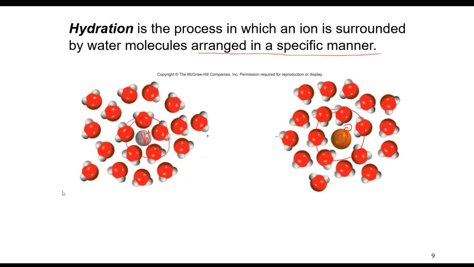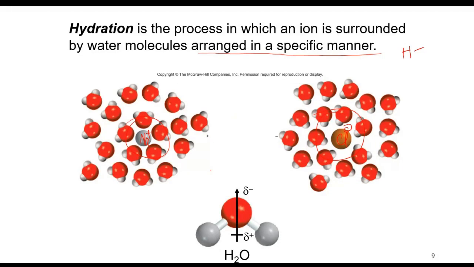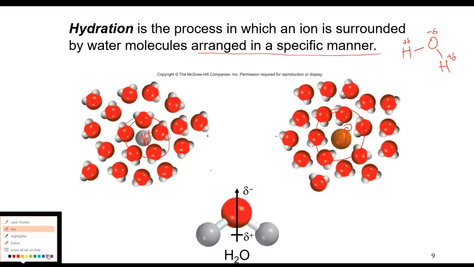What is the meaning of manner, doctor? In a specific manner means, look at this: what is the structure of water? In water, how many atoms? Two H and one O, three atoms. Very good. So here partial positive, partial negative, partial positive. Now what happens if it is a positive ion, in the case of the sodium positive ion? Now you see here it is Na positive.